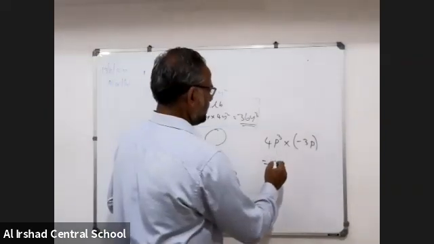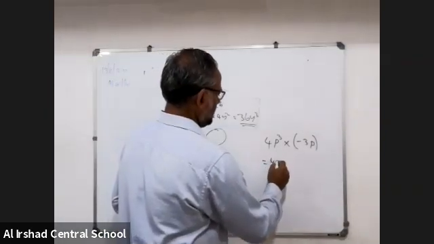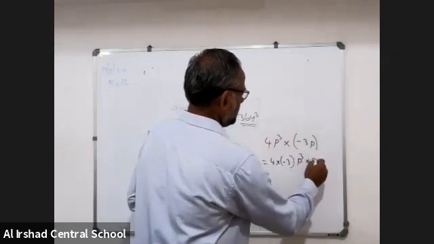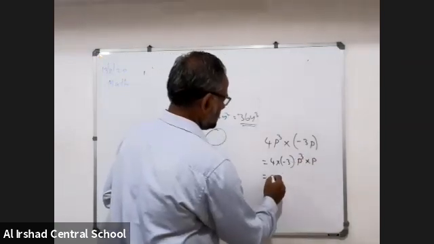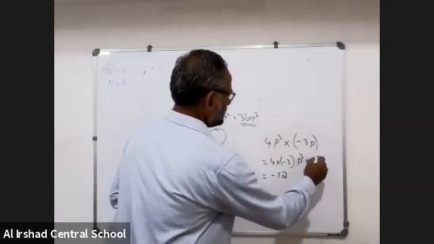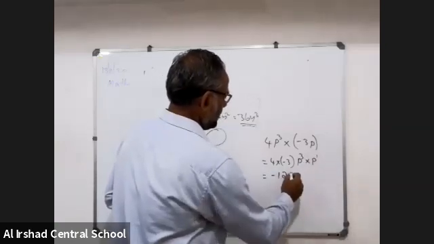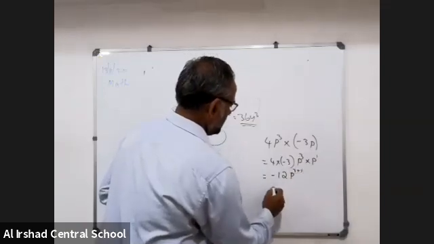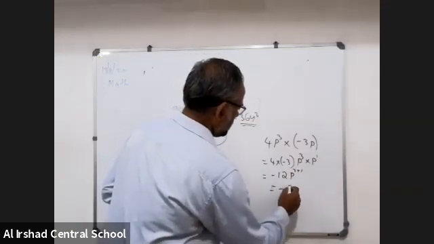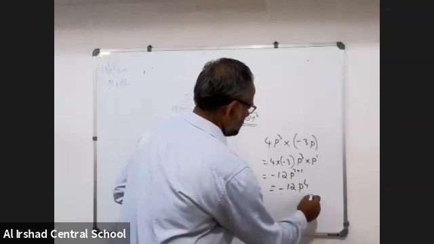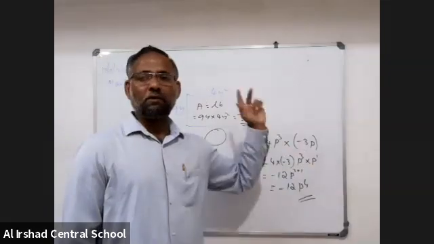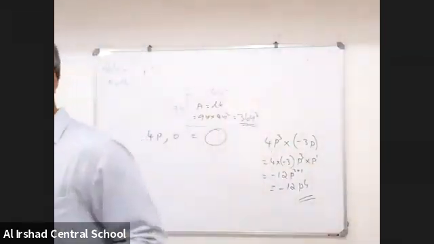Minus 4 into minus 3 is minus 12, and p cube into p: p is raised to 1, so p to the power of 3 plus 1. That means minus 12p raised to 4. So in multiplication, exponents you have to add.